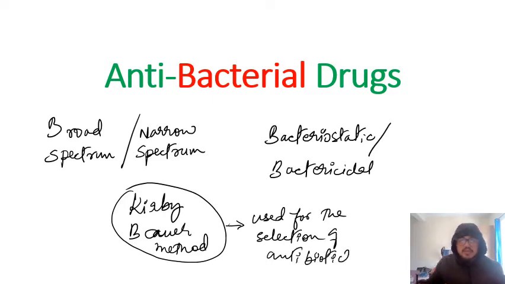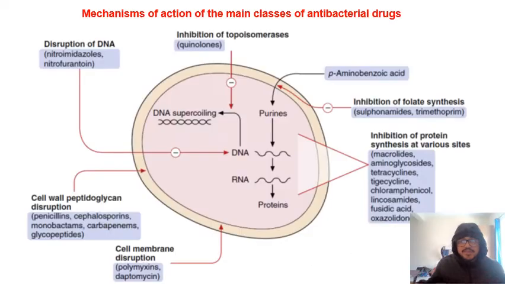Let's move on to the different mechanisms through which antibacterial drugs act on the bacteria. If you can see in the slide, there are different ways. They may act through disruption of DNA, like nitroimidazole and nitrofurantoin.